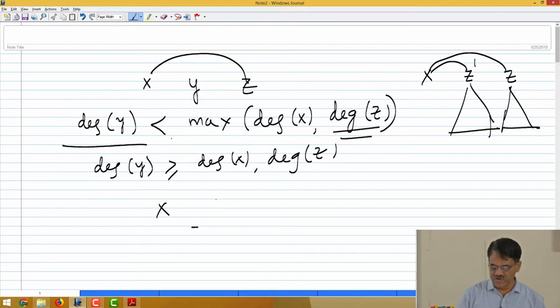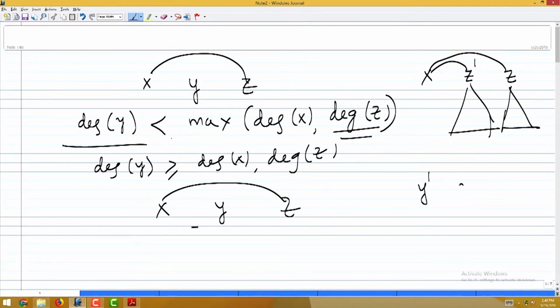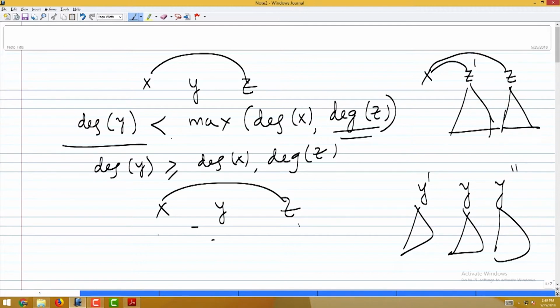So, I have this situation. I am going to replace both x and z by, let us say, some y prime and y double prime, which means that whatever y's neighborhoods are, the same neighborhoods y prime and y double prime will also have. Clearly, it does not have a K_{m+1} now, because if it did, it must be using one of these two new vertices, but then I could have had the same thing using y.